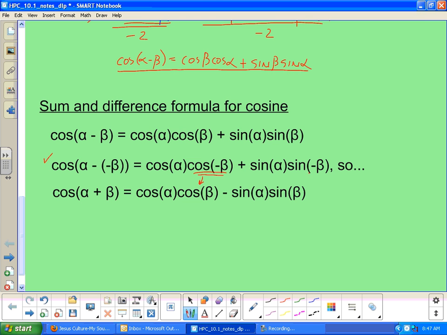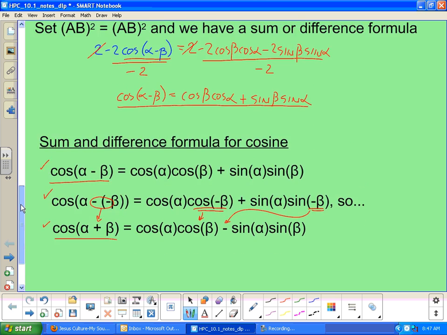And here a negative angle in sine would produce a negative value of that angle, sine beta. So we get this sum, so the negative part makes alpha plus beta, and we get our second cosine formula. So the difference and the sum of cosine angles alpha and beta.